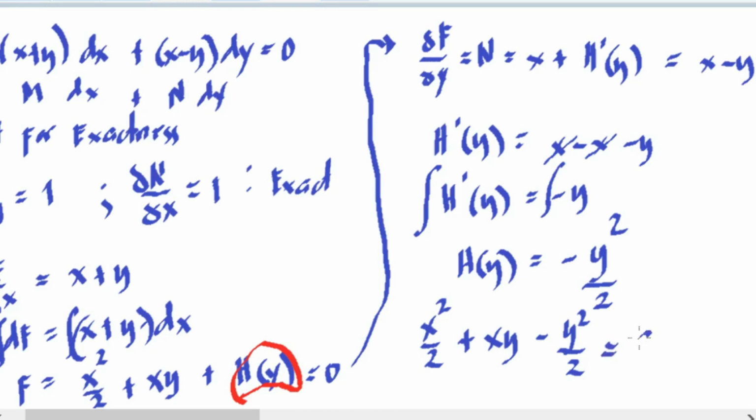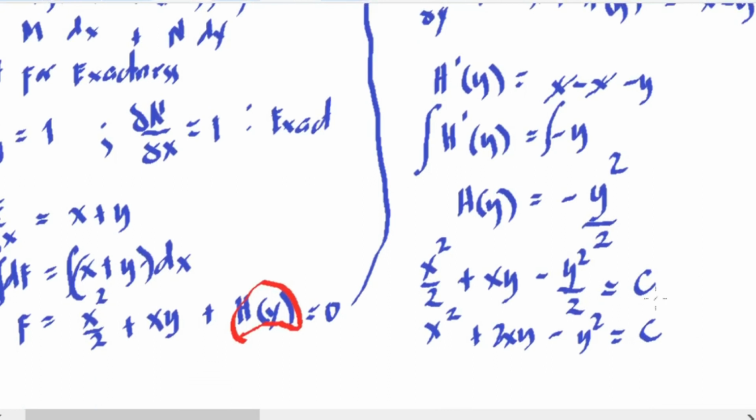Then we multiply everything by 2, so that will be x squared plus 2xy minus y squared equals c. So notice, guys, this is already our answer.